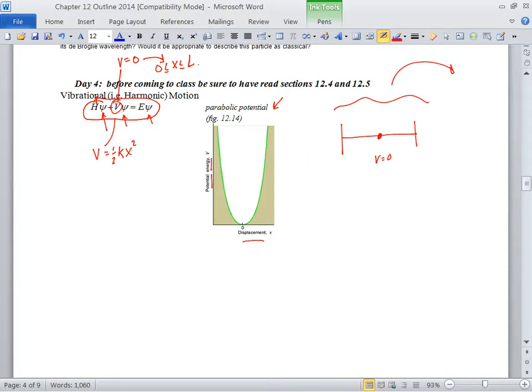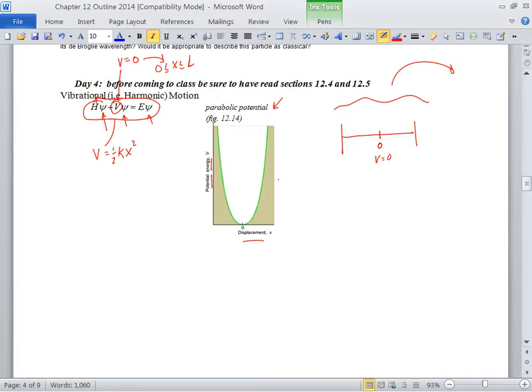So we used to think x goes between 0 and L. Well, not really anymore. Now this is 0, so the displacement is 0. Then it goes out this far and can go out that far. But the bigger the displacement, whether positive or negative, the potential energy skyrockets.